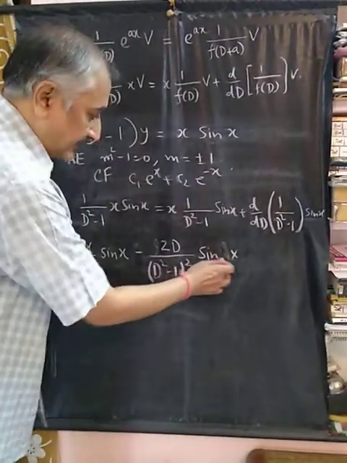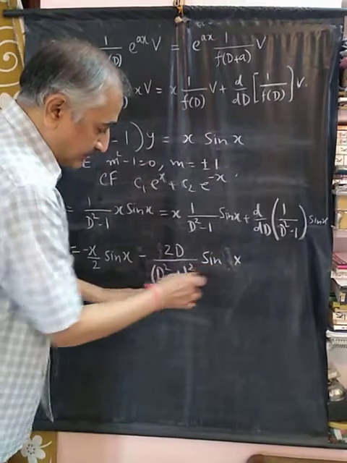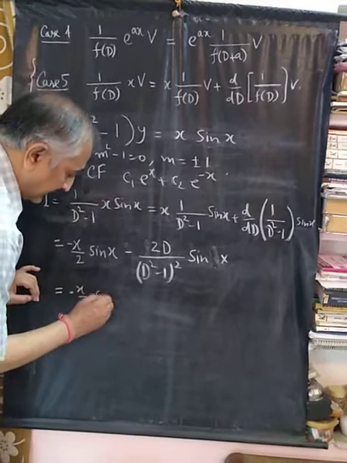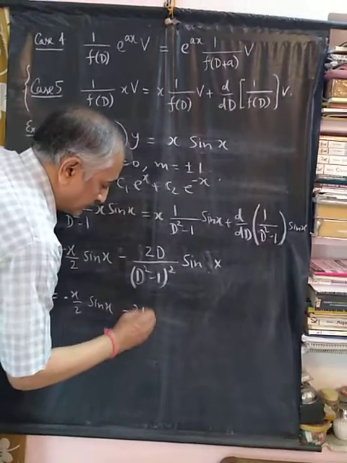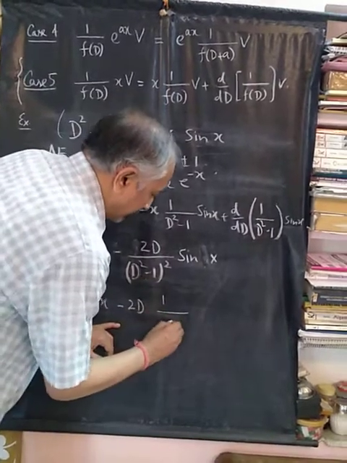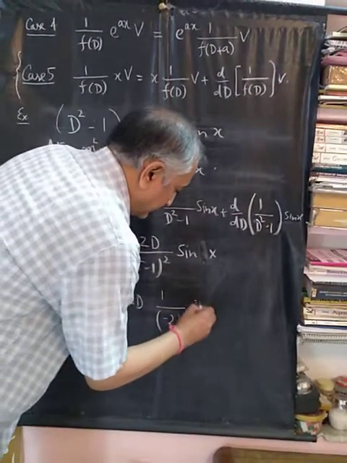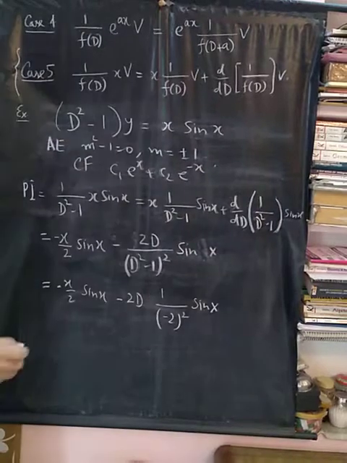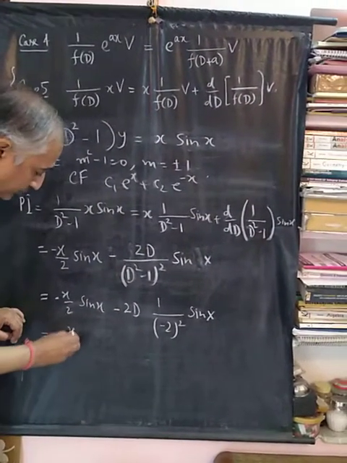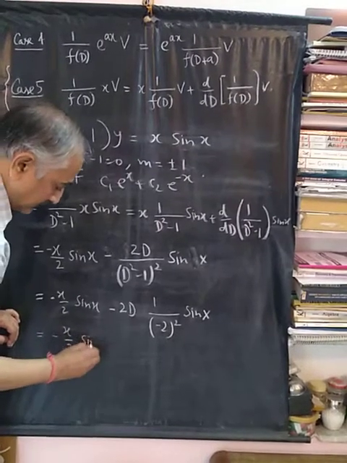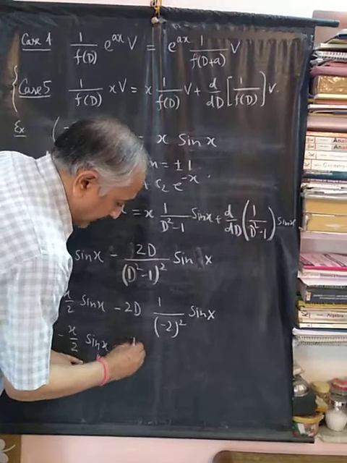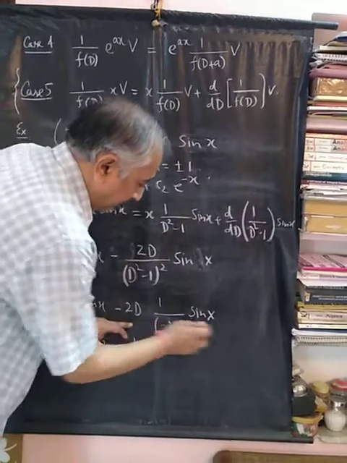Now apply this again, D square as minus 1 here. You will get minus x by 2 sin x as it is, then minus 2D as it is, and this is minus 1 minus 1, so minus 2 square, on sin x. So this is 4, so this is minus x by 2 sin x and minus 1 by 2 times D of sin x.